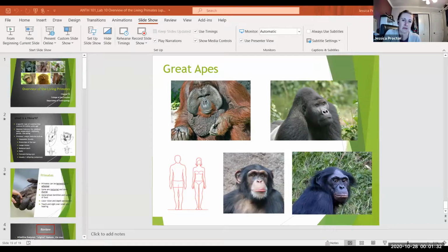To me, one thing that really helped me, and sorry, of course, my dogs are barking in the background, was to draw it out. I'll post these pictures for you guys in the module. Let's pull it up here.